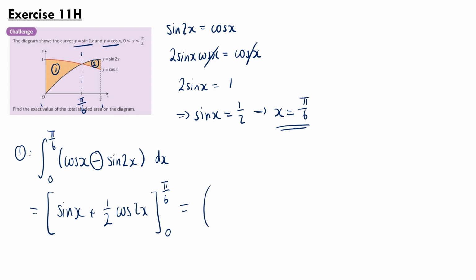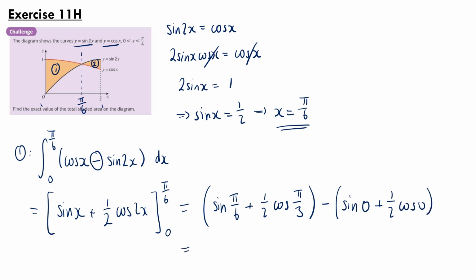So evaluating these limits, pi over 6 goes first, substituting that in for x. So 2 of x will be pi over 3. Then taking away the same thing with x being equal to 0. Now sine pi over 6 we know is a half, plus a half cos of pi over 3, which is also a half.